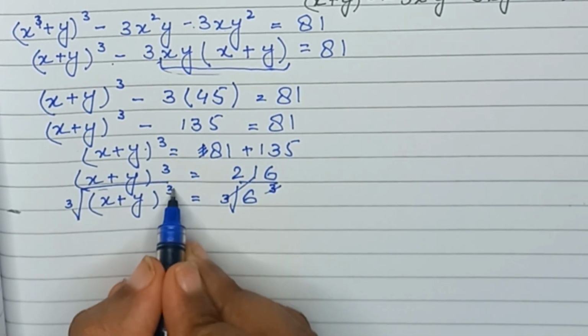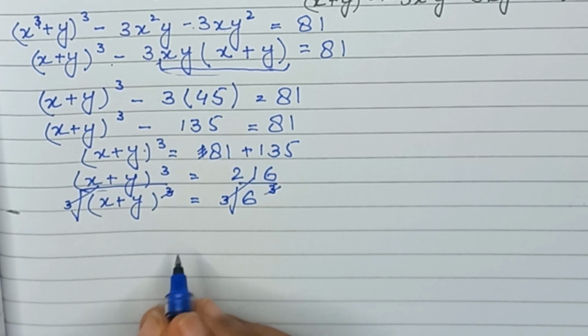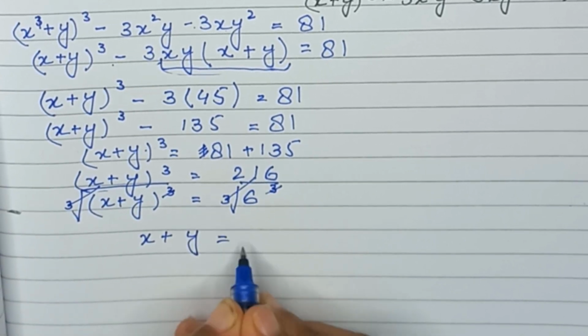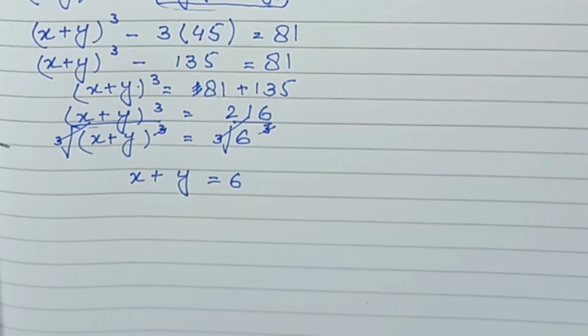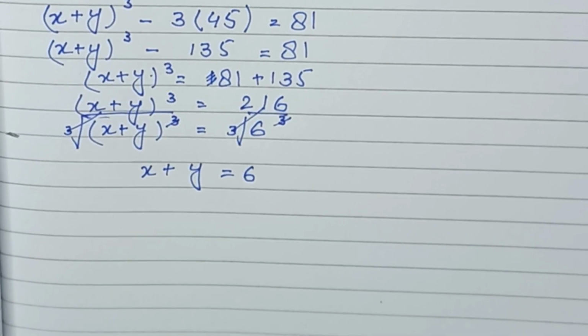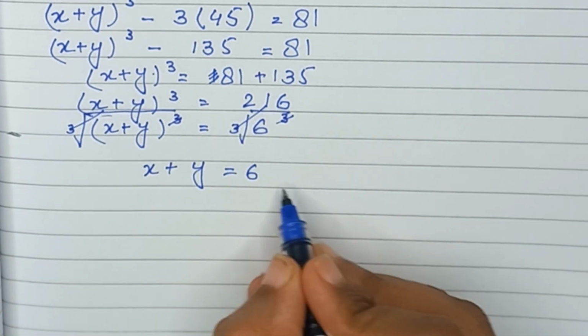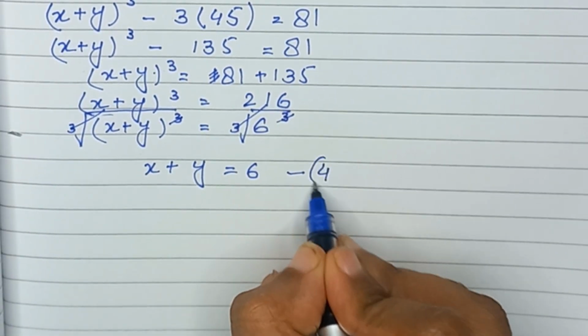So cube and cube root will be cancelled out, and here x plus y is equal to 6. So it is our equation number 4.